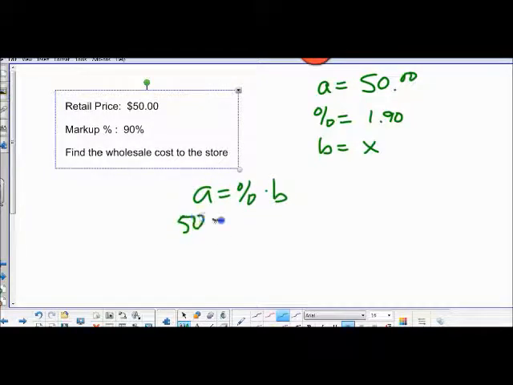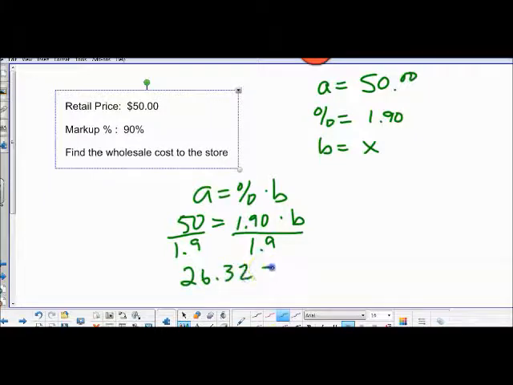Here, if I use 90%, I can't use 90% and add it on to the original amount, because 90% of $50 is different than 90% of the original price here. When I solve this formula, 50 divided by 1.9 is 26.31, 26.32 if I round to the nearest penny.